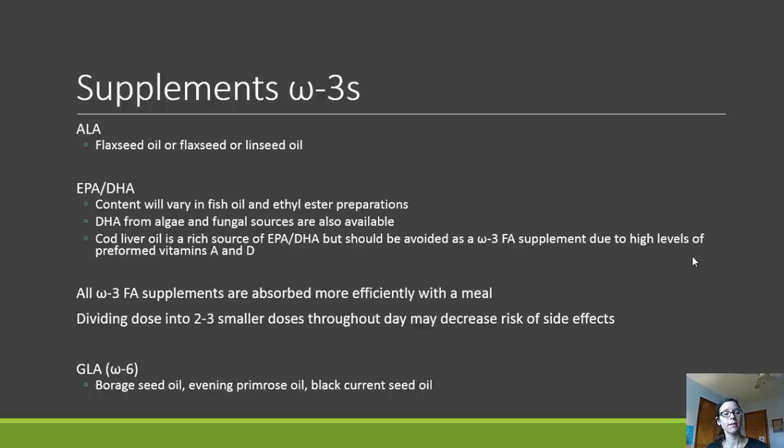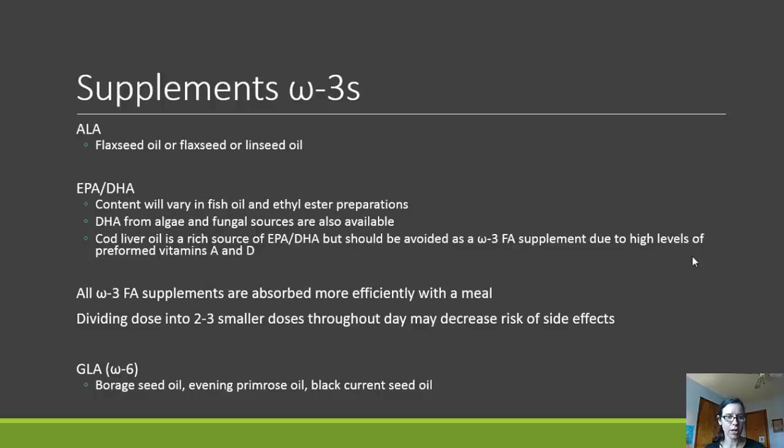We also can get DHA supplements from algae or fungal sources, as well as cod liver oil. But cod liver oil should definitely be used with caution because it has very high levels of preformed vitamins A and D. So if you're taking high quantities of cod liver oil, you could be overdoing the vitamin A and D.